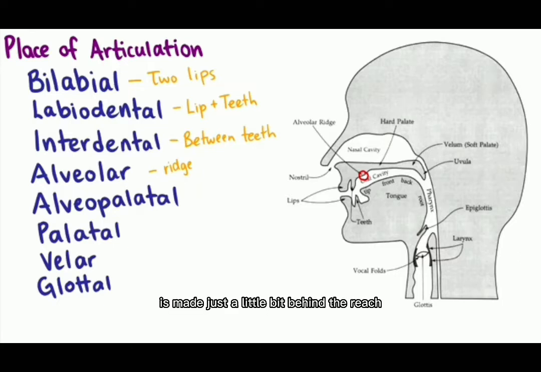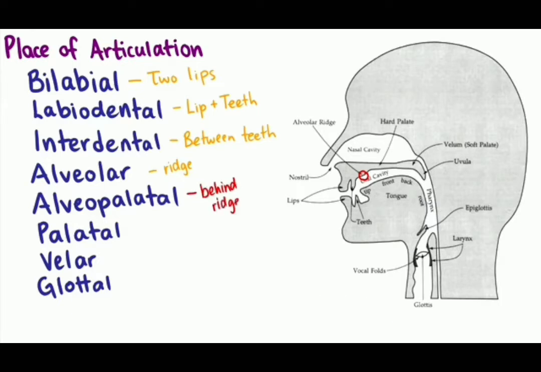Alveopalatal is made just a little bit behind the ridge, and I'm going to erase the circle here, and the alveopalatal would be a little bit behind it, so on, then dip. So a sound like "sh" as in ship.